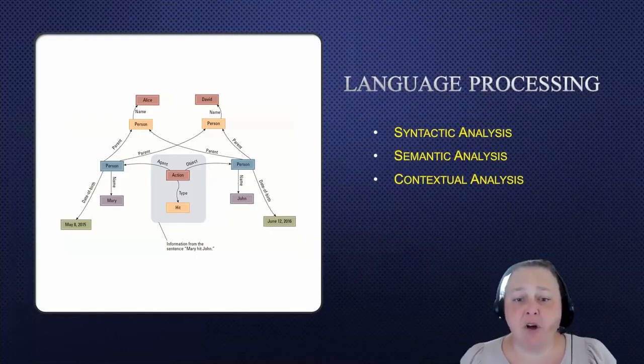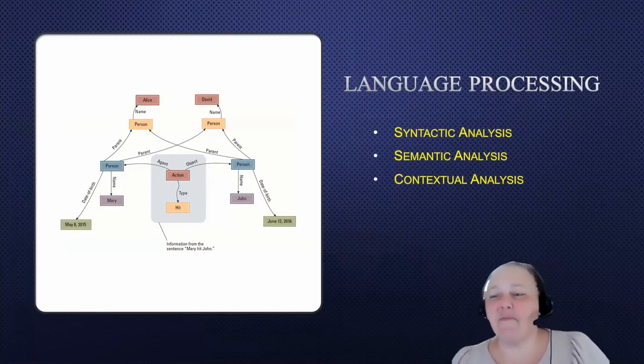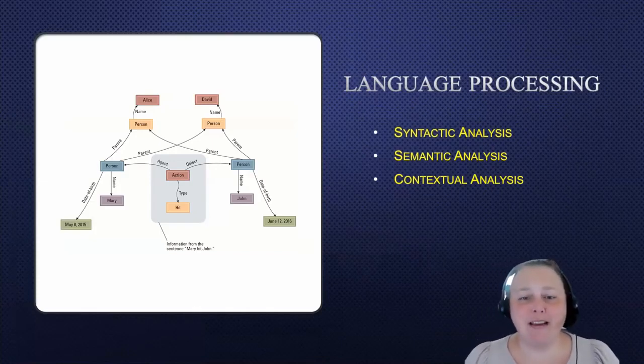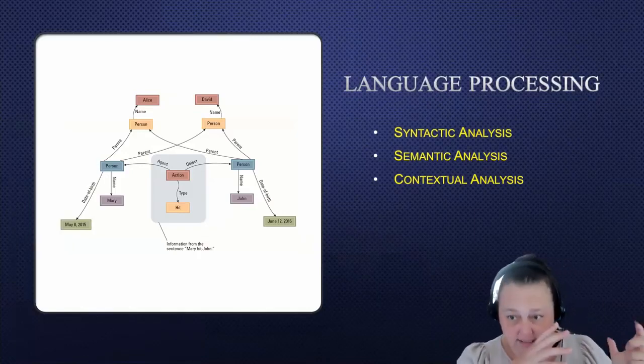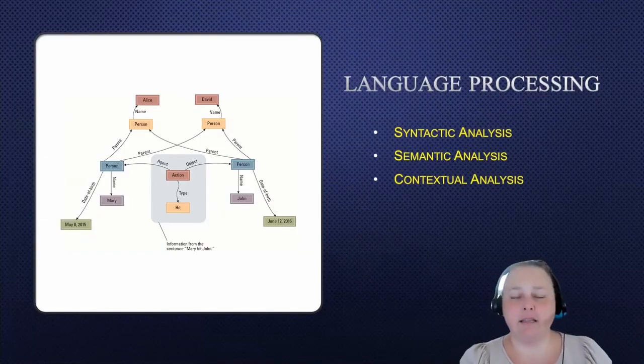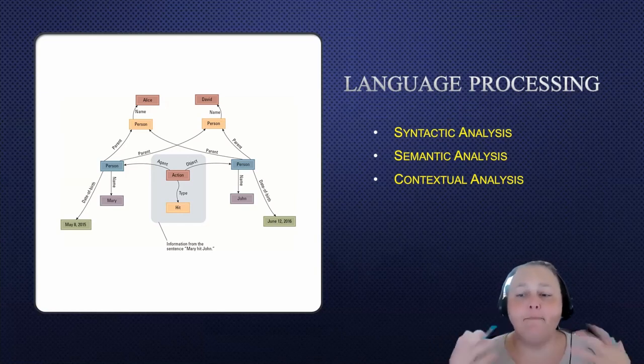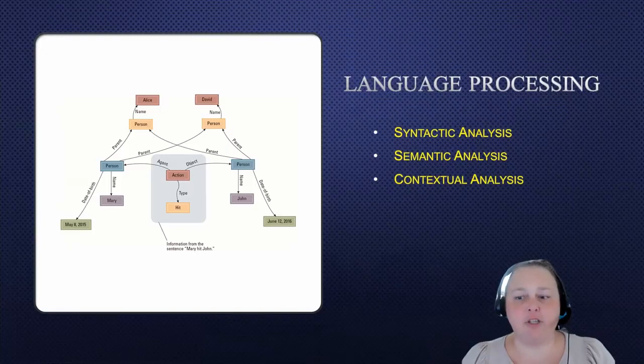Language processing, there are several different levels of analysis. The first level is called syntactic analysis, whose major part is parsing. So you're going to divide it up and understand it piecewise. Another level is called semantic. Where syntactic breaks up each word, the semantic identifies the semantic role of each of these words within a sentence.